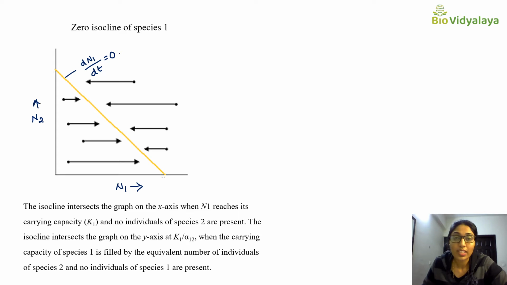So let's see the Lotka Volterra equation for species 1: dN1 by dt is equal to R1 N1 into K1 minus N1 minus alpha 12 N2, divided by K1.